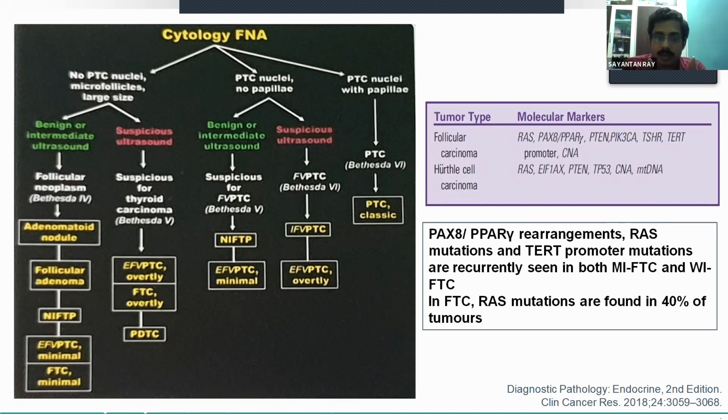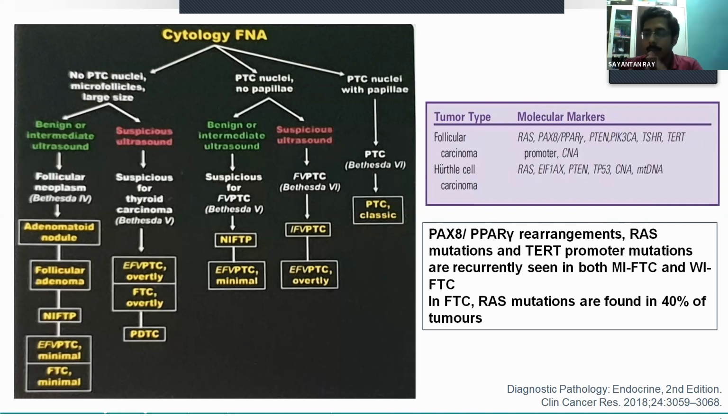Differentials could be adenomatoid nodule, follicular adenoma, NIFTP, or encapsulated follicular variant of PTC or follicular thyroid carcinoma. If suspicious on ultrasound, then in Bethesda 5, suspicious for thyroid carcinoma, it could be encapsulated follicular variant of PTC, or it could be FTC overtly. And the last option is poorly differentiated thyroid carcinoma.